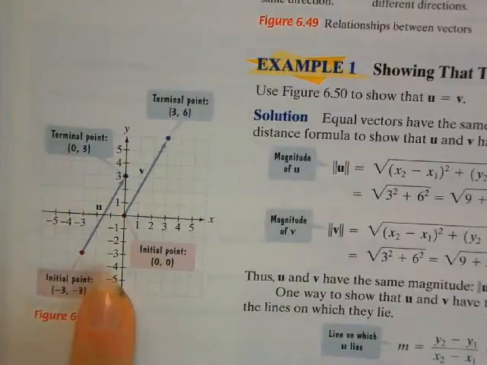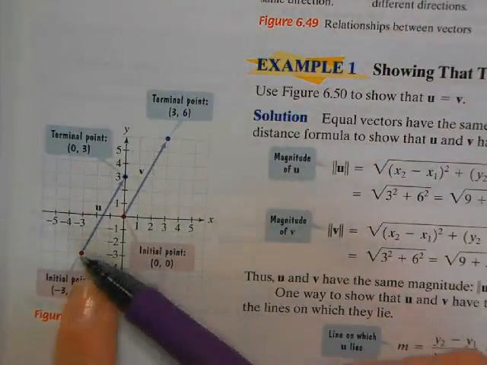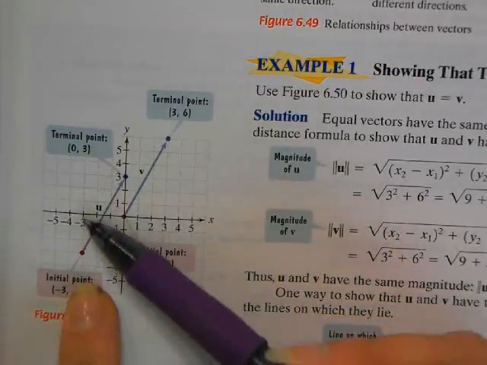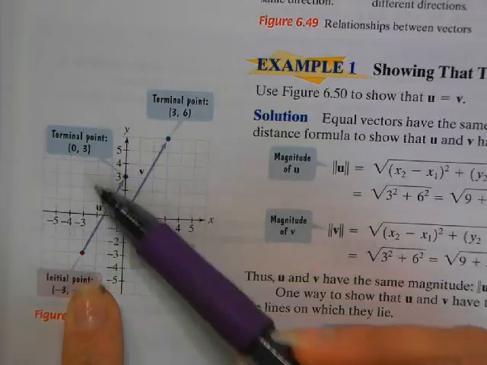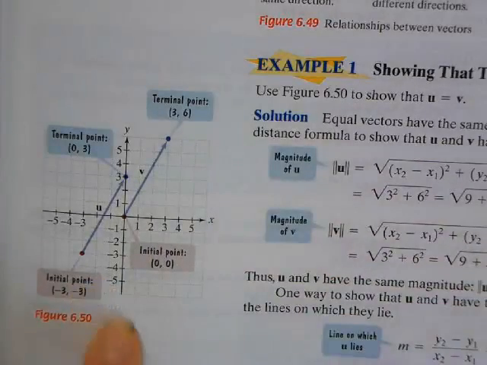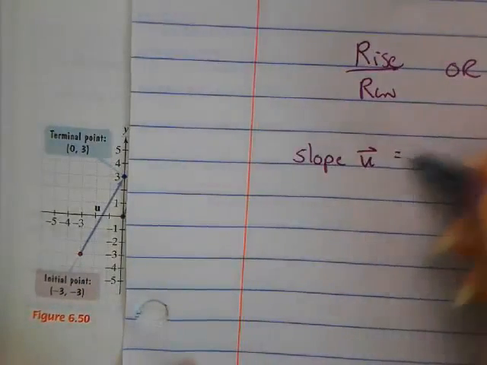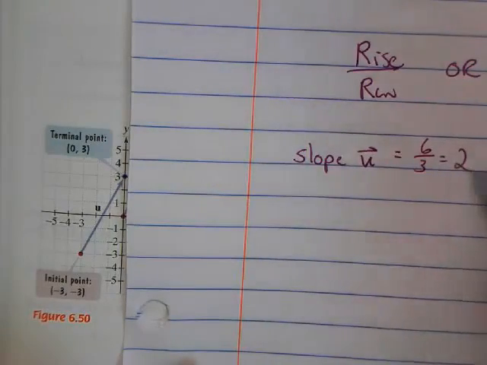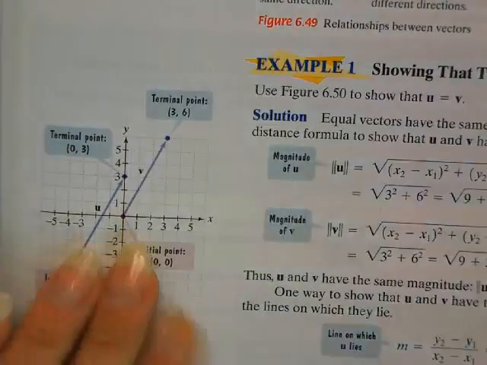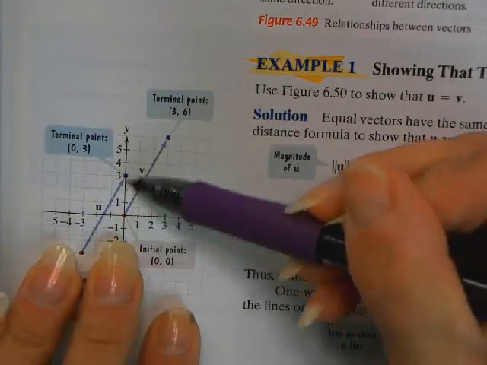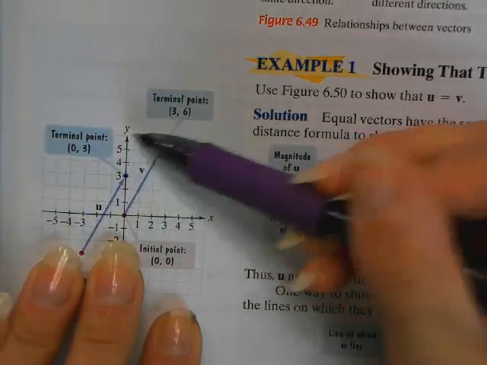Alright, so let's go back to our picture and count blocks. So slope, rise over run. 1, 2, 3, 4, 5, 6, 1, 2, 3. So the slope of u is positive 6 over 3, which is 2. Alright, let's count this other guy. 1, 2, 3, 4, 5, a rise of 6, a run of 3.